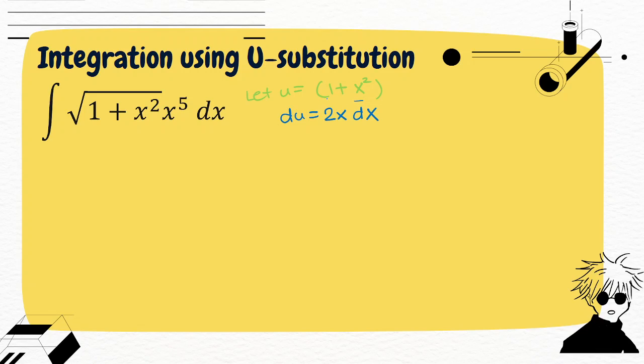So primarily, we can get dx by dividing by 2x. Right. We have du over 2x is dx. Now, my question is, since we have u, and then x raised to 5 du over 2x, what happens?